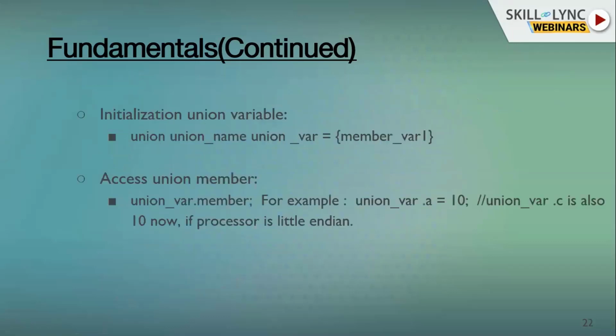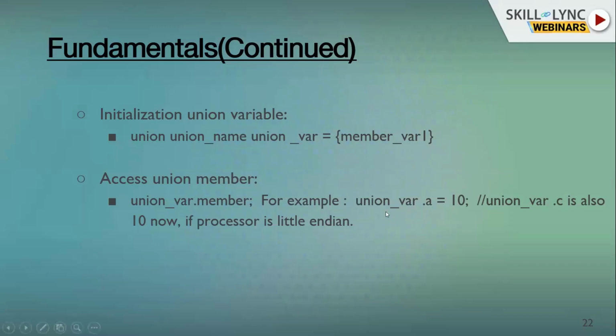If I want to initialize, I can do it the same way as in a structure. I can use the union keyword and the union name I have created, and I can assign any value to a particular member of this union data type.